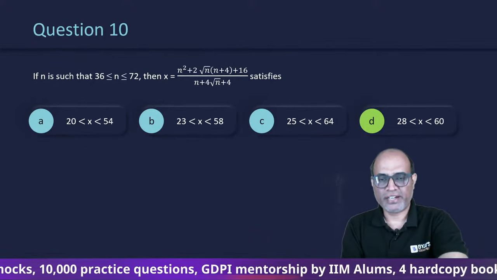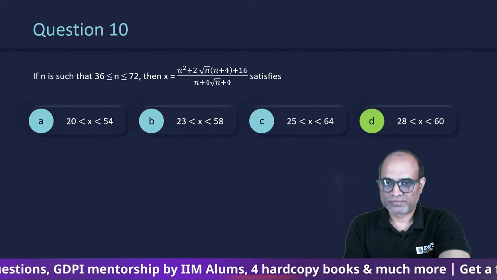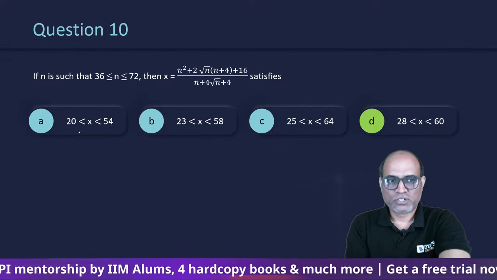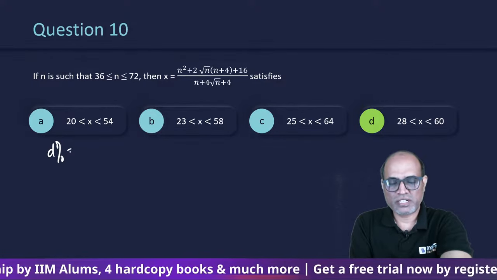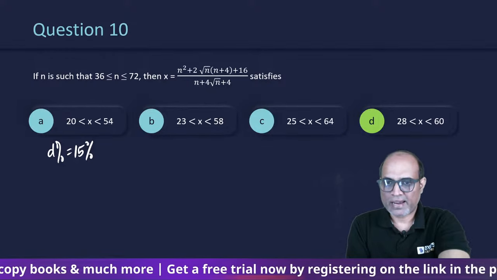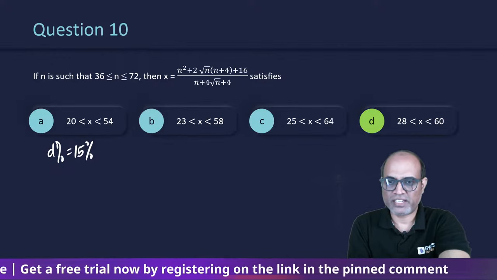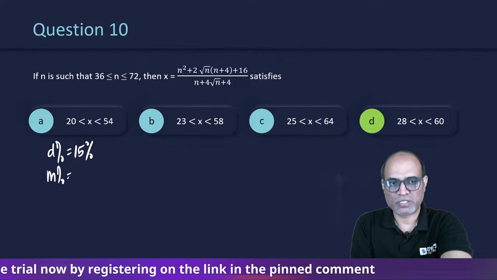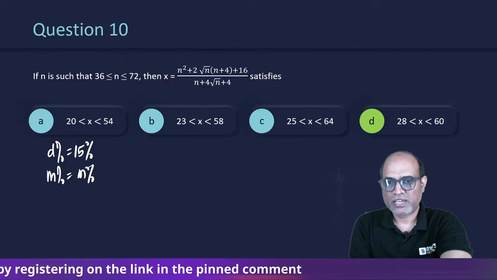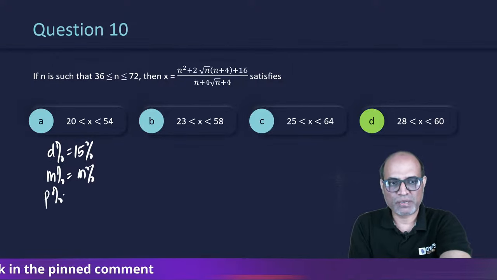If a trader, sorry. So Judy gives a discount percentage of 15%, and a customer makes an online payment. If she marks up the price of an article by M%, so markup percentage is M%, and profit percentage is P%.